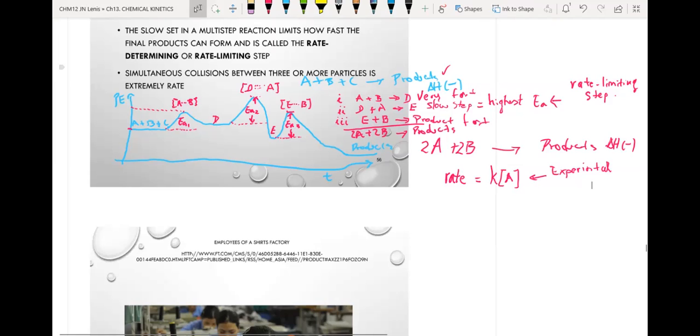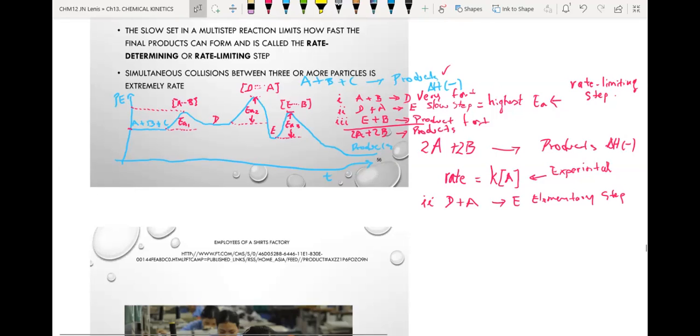experiment, for that step. So let me rewrite step number 2 from this one. Step number 2 was D plus A to form E. And this is an elementary step of the mechanism, but not any elementary step.